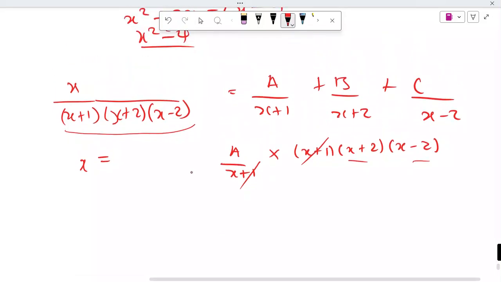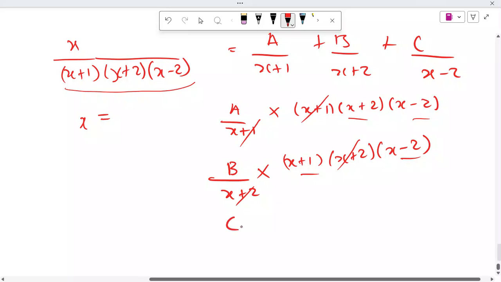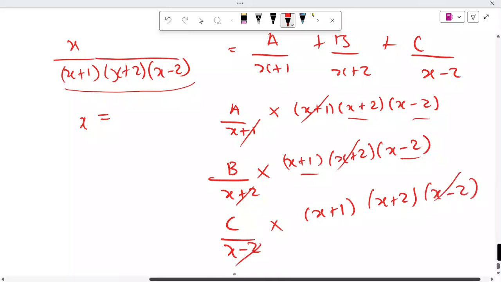That is A. For B, B is over x plus 2, so you're multiplying it by x plus 1, x plus 2, x minus 2. The x plus 2 cancels, and B will have this and this. Same applies to C. C is over x minus 2, so you're multiplying it by x plus 1, x plus 2, x minus 2. This and this will cancel, meaning C will have this and this.